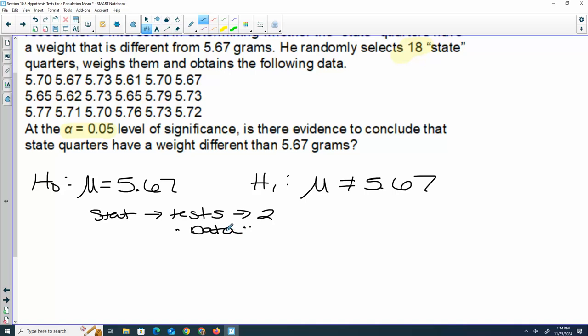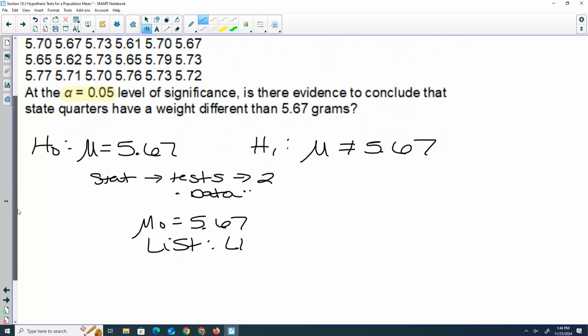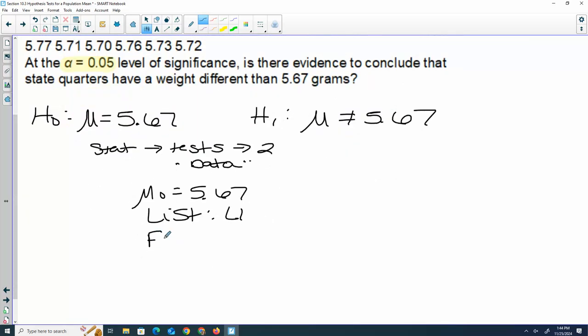Last one we did stats because I listed the mean and everything. But now we're doing data because it's in L1. The mean of the null is our 5.67. List should be L1. It's just saying where did you put the data. Frequency should always be set at 1. And then we're testing the not equal.